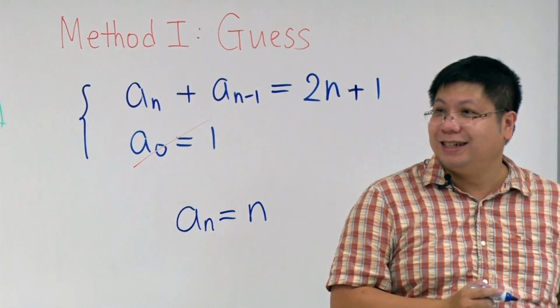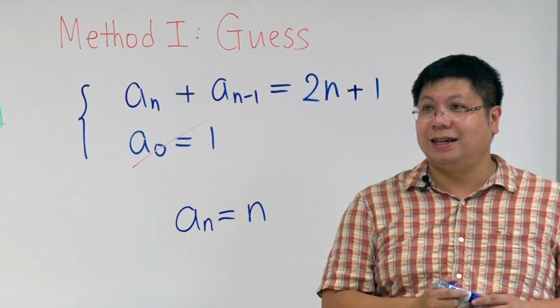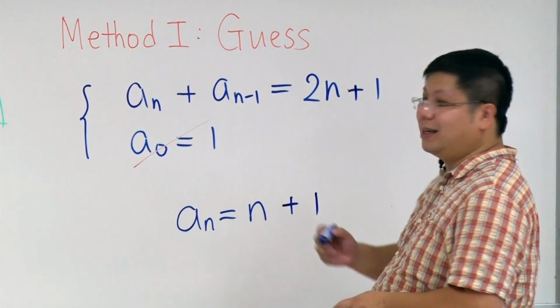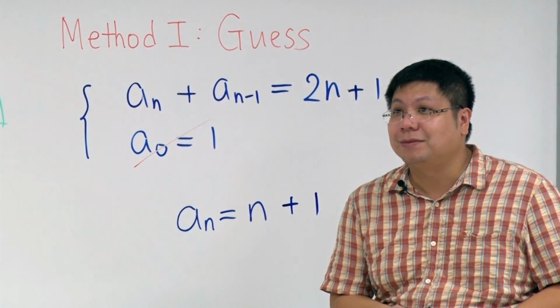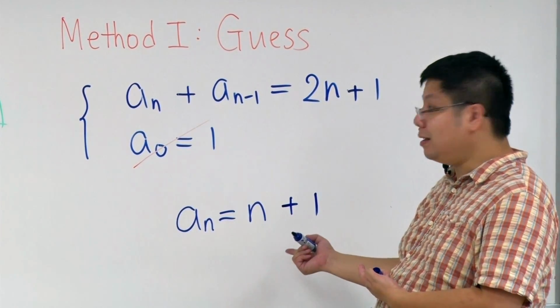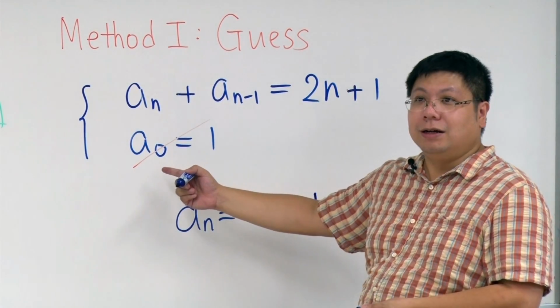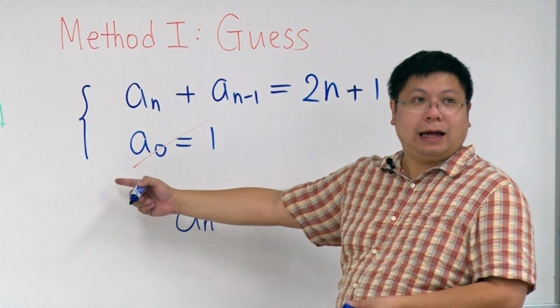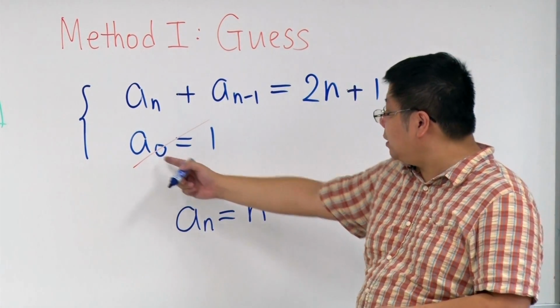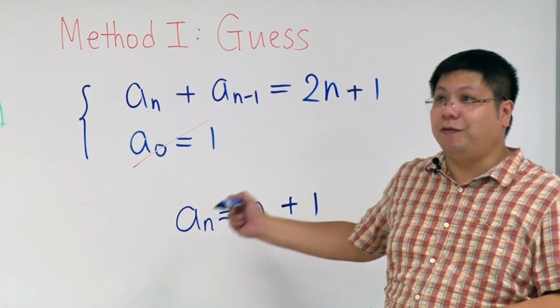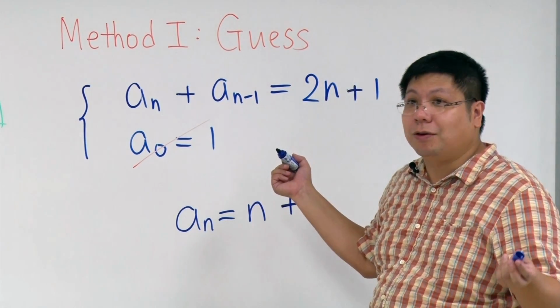Then what should we guess? Plus 1. Very good. It works, right? a_n = n + 1. Now we can look back at the boundary condition: a_0 is really equal to 1. Perfect. Then in that case, we solve this whole thing.